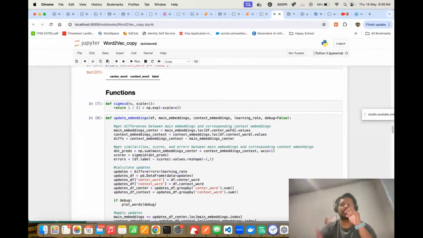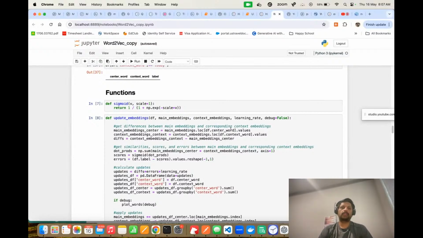Context embedding. So these two, he's taking values of both of them in one place, and then he's doing a difference of those both values. Okay, done.